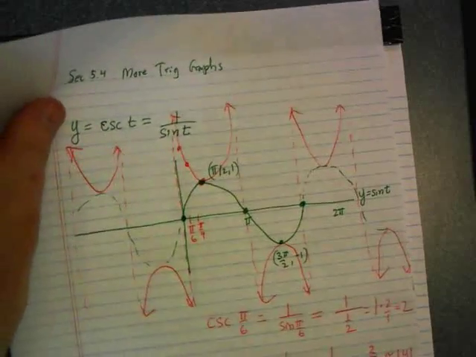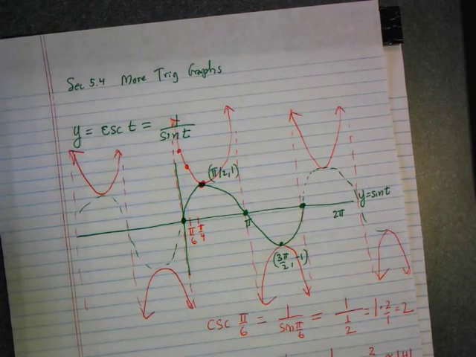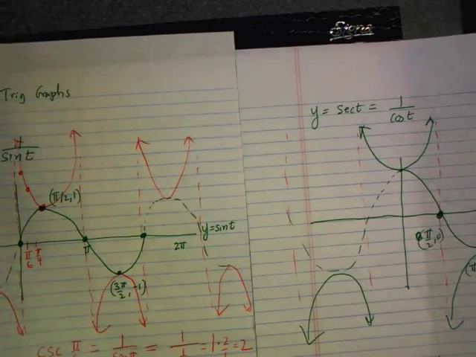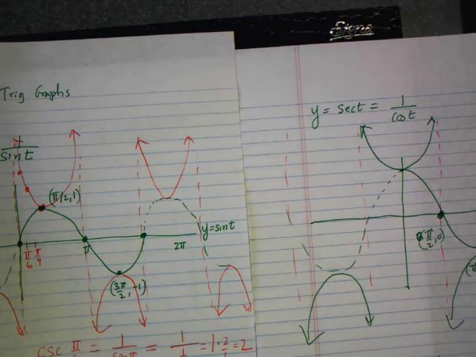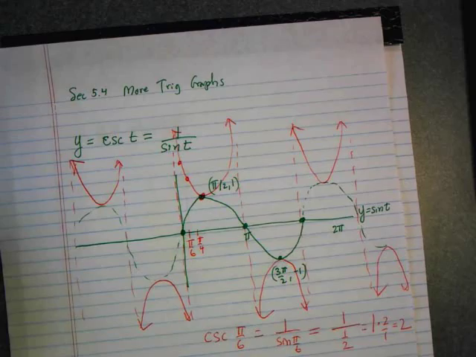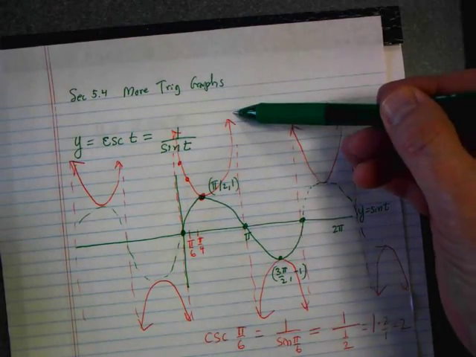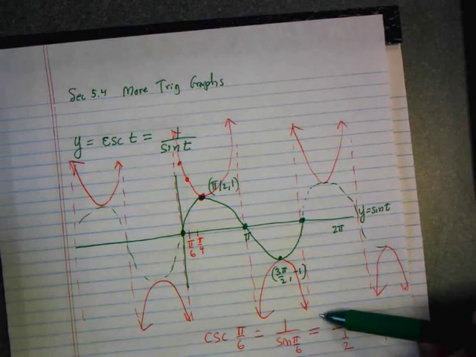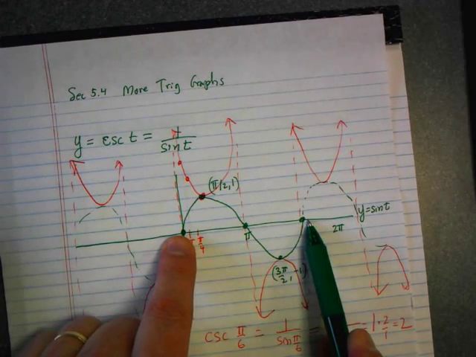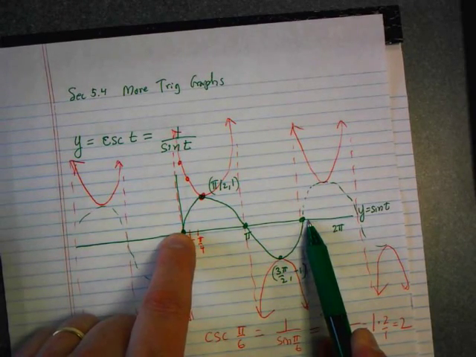On these graphs, on both secant and cosecant, what's the period? 2 pi, because I get 1/2 of a cycle and then 1/2 of a cycle, and that distance still happens in 2 pi. So the period is still 2 pi for these graphs.